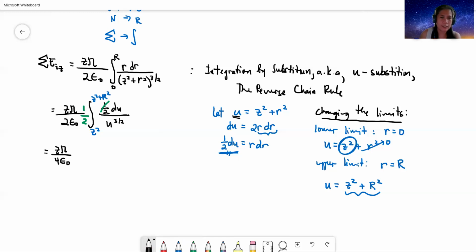And then the integral of this will just be -2 over u raised to 1/2. Ayan. Review nyo na lang ha, paano ito kinuha. Ayan. And then, of course, the lower limit is z squared. And then upper limit is z squared plus r squared.